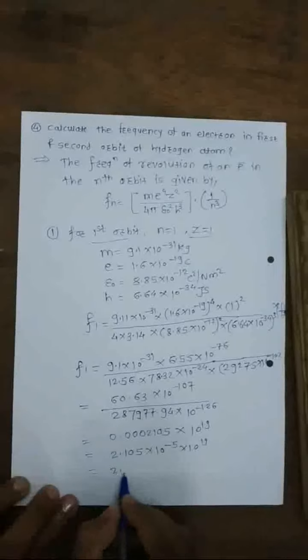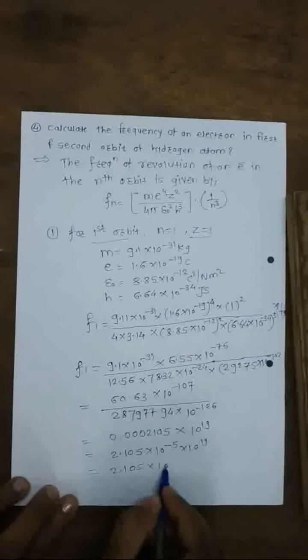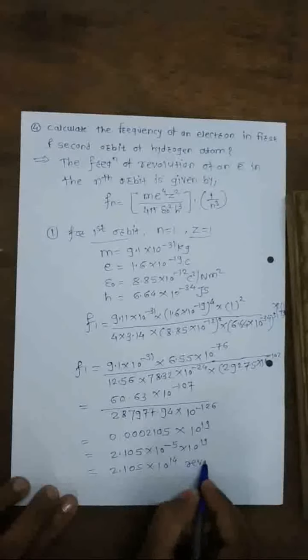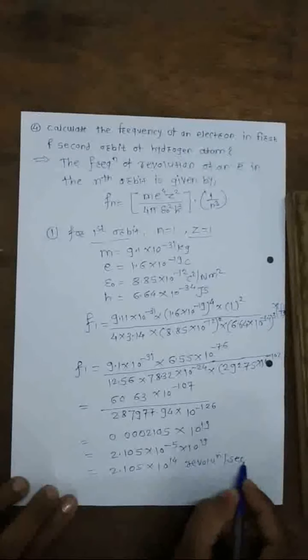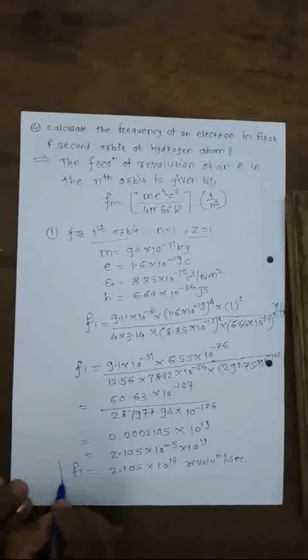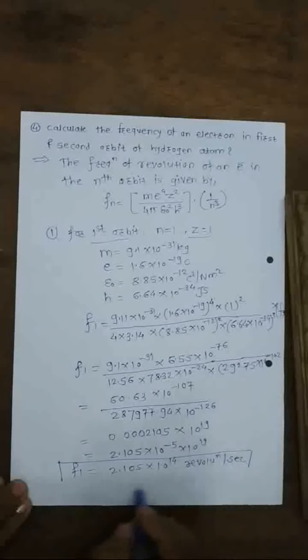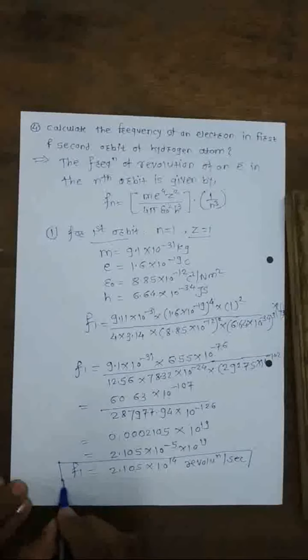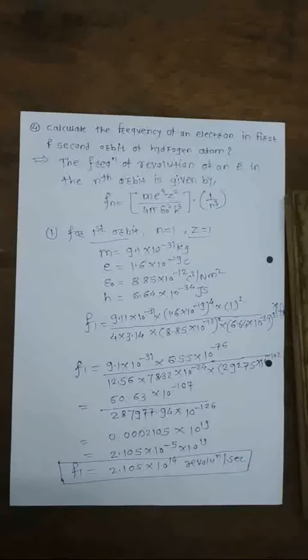This will be 2.105 into 10 raised to 14 revolution per second. This will be the frequency of an electron in the first orbit.